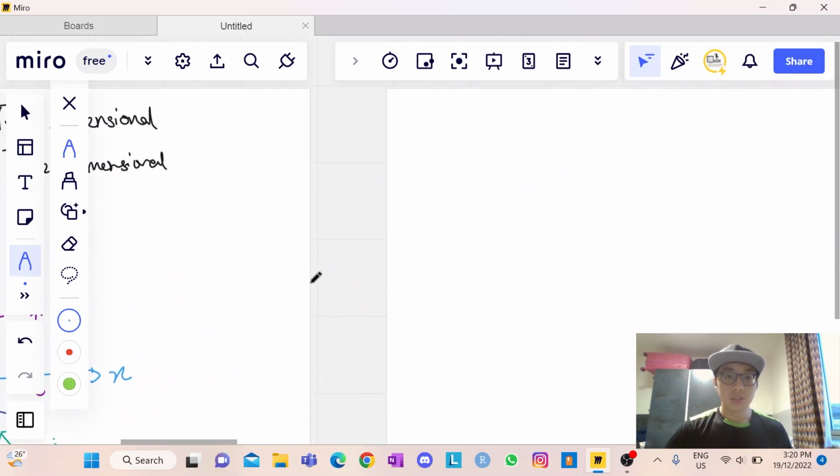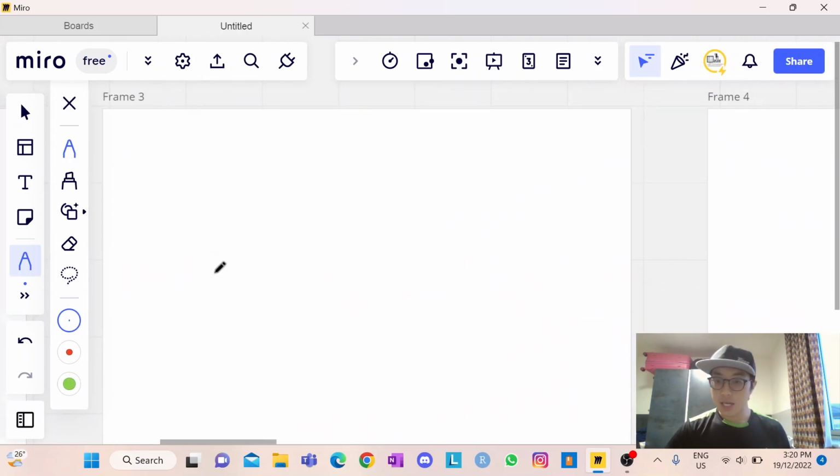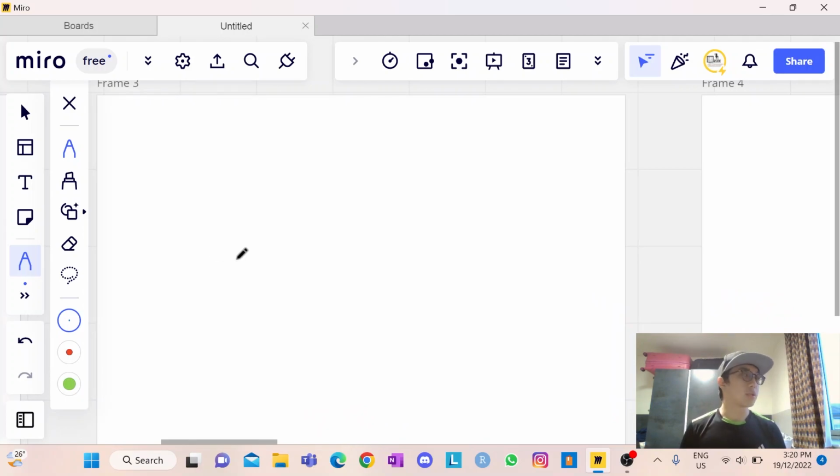Okay, so the second agenda for today, after introducing to you what is a Cartesian plane, will be how to find a gradient of a straight line from two coordinates. All right, so the first question will be, what is a gradient? There are a lot of different definitions depending on what you're actually referring to.